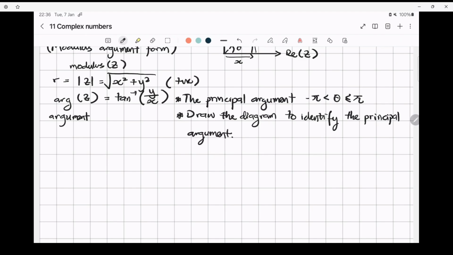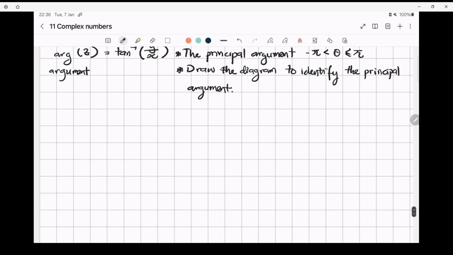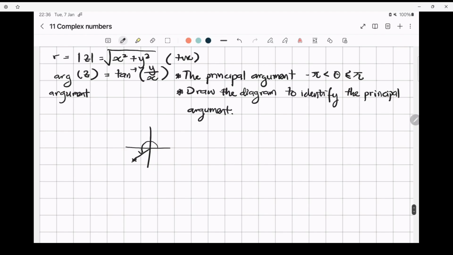Why do we need to do that? Because if you don't draw the diagram, let's say your point is over here, and we already defined the principal argument to be from minus pi to pi. If you directly just calculate your inverse tangent of y divided by x, this will be the angle that you find. It's not impossible to do it, but it will be quite confusing if you don't draw the diagram to find out what the principal angle is.